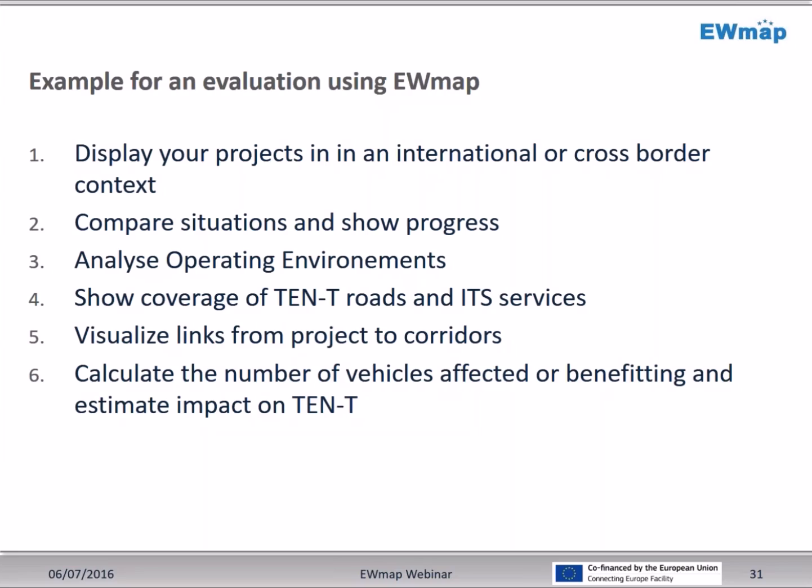For instance, that's what we did in Germany, we did not only look at the distribution of operating environments over kilometers of sections, but by adding on our own system, based on the data that we have taken from EWmap, the number of vehicles or the number of trucks or lorries, we can of course calculate the number of vehicles benefiting from a certain measure or from a certain project. Next slide, please.